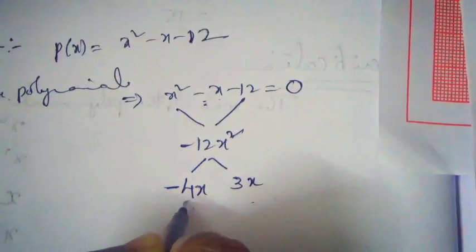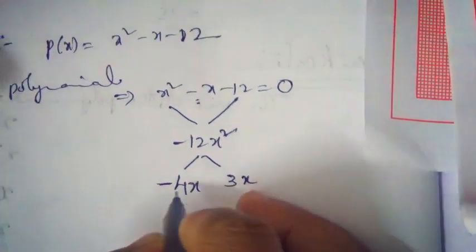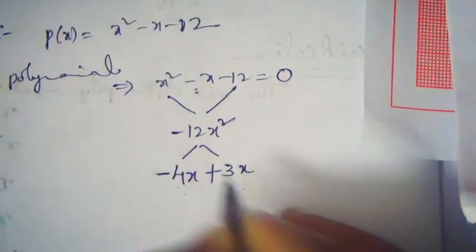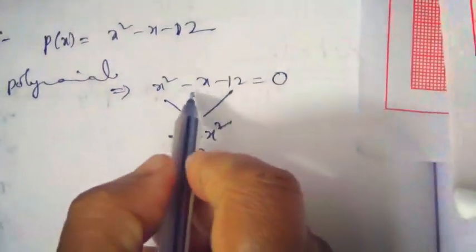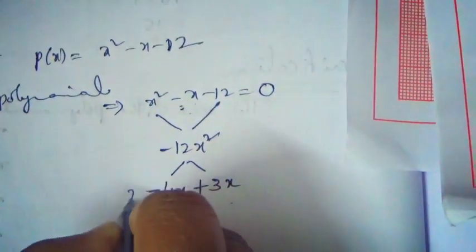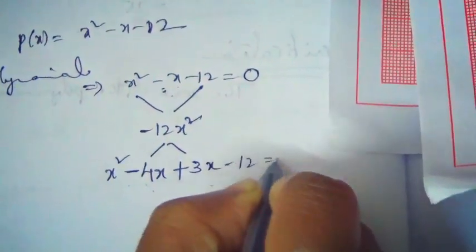In front of the bigger number you keep the minus and plus, then you will get minus 4x plus 3x, you will get minus x.